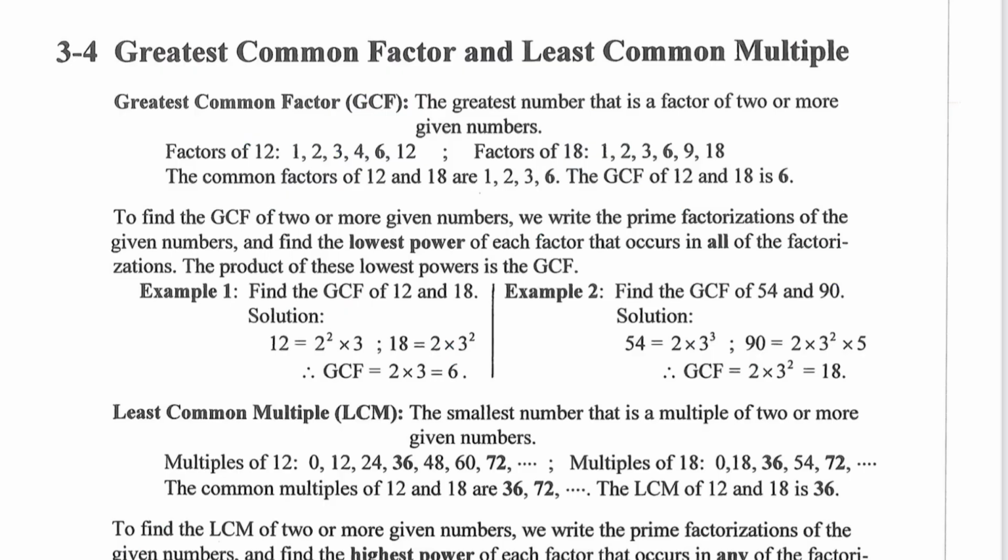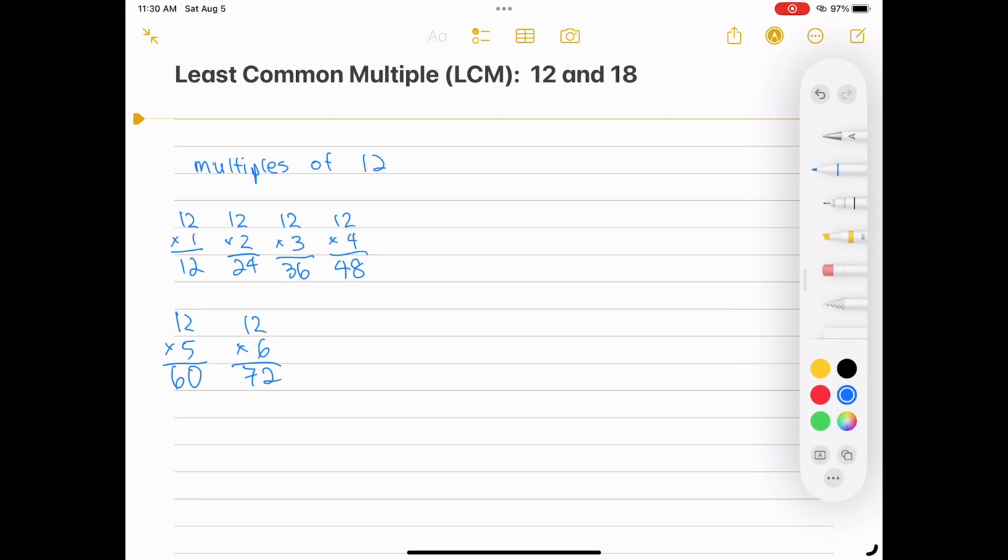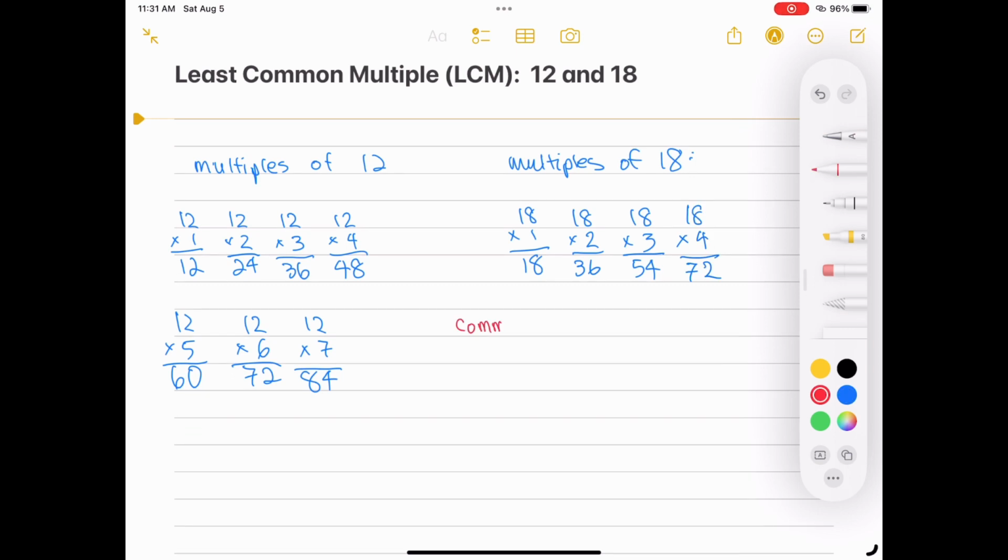Least common multiple, or LCM, is the smallest number that is a multiple of two or more given numbers. So we look at the least common multiple of 12 and 18. So we crank out some multiples of 12 and we crank out some multiples of 18, which allows us to find the multiples that are common to both 12 and 18.